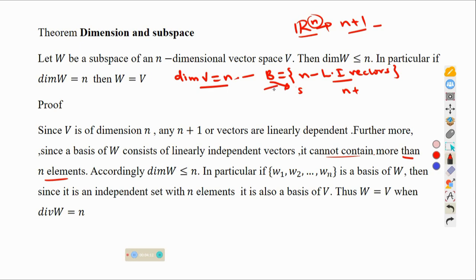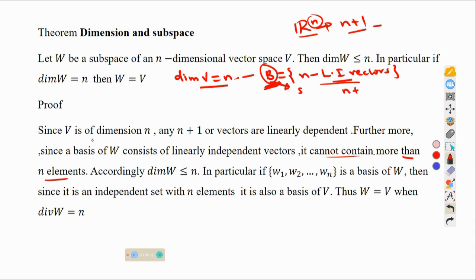And if it does not satisfy the conditions for the basis, then it will no longer give us the dimension of that given vector space, because the dimension of the vector space is determined by the basis, and the basis is determined by the linearly independent vectors.